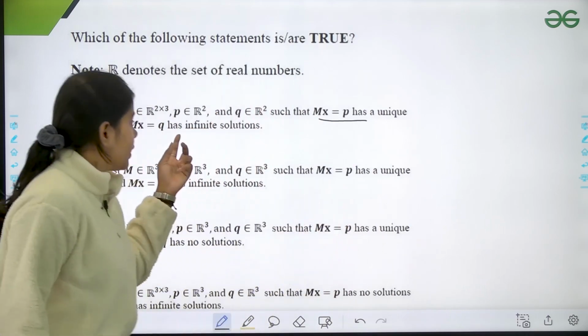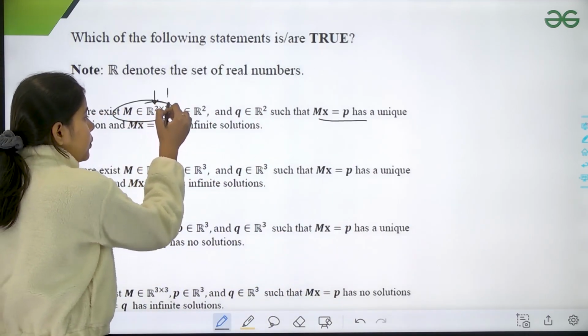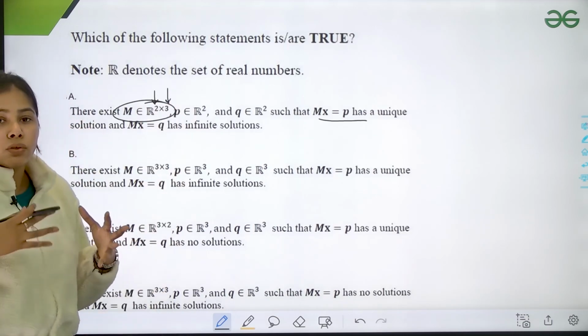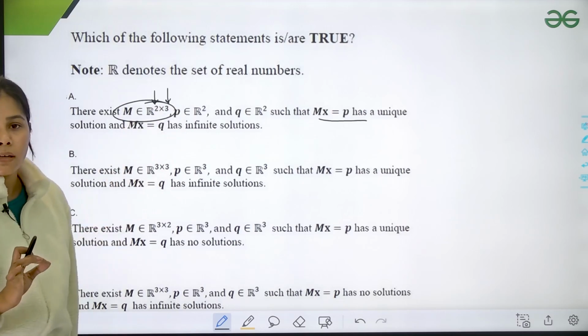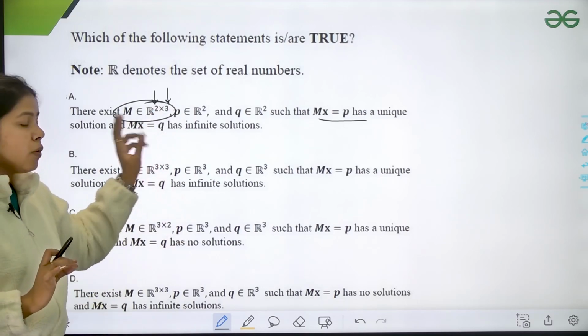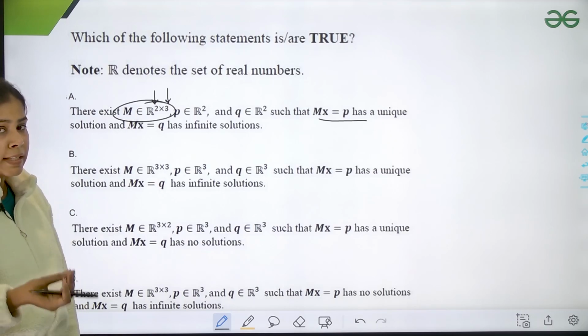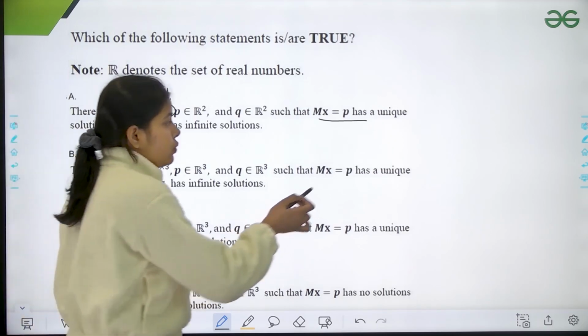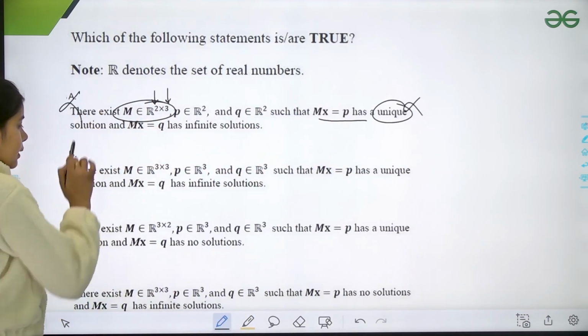When we have two equations and three variables, M belongs to 2 cross 3, so one variable is always free because rank is always less than the number of variables. Rank is always less than or equal to 2 and we have 3 variables. So in this case we always have infinite solutions, a unique solution is never possible. So that means option A is incorrect.